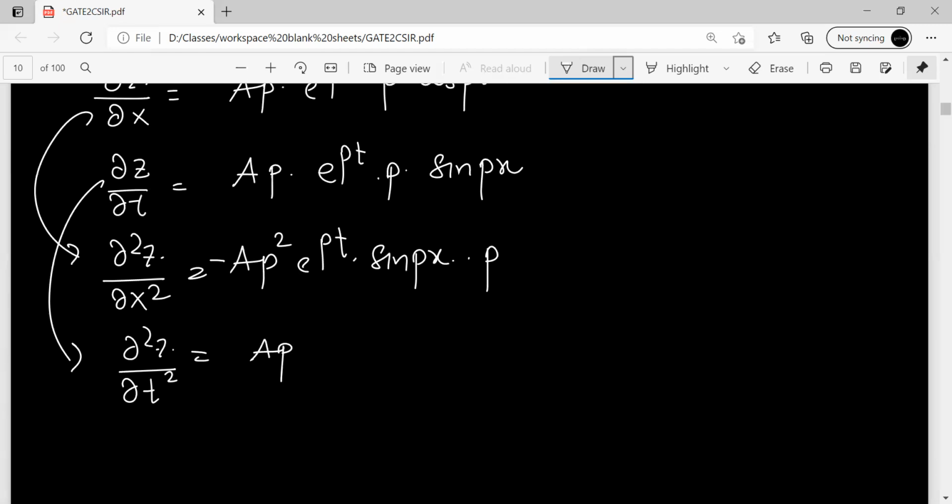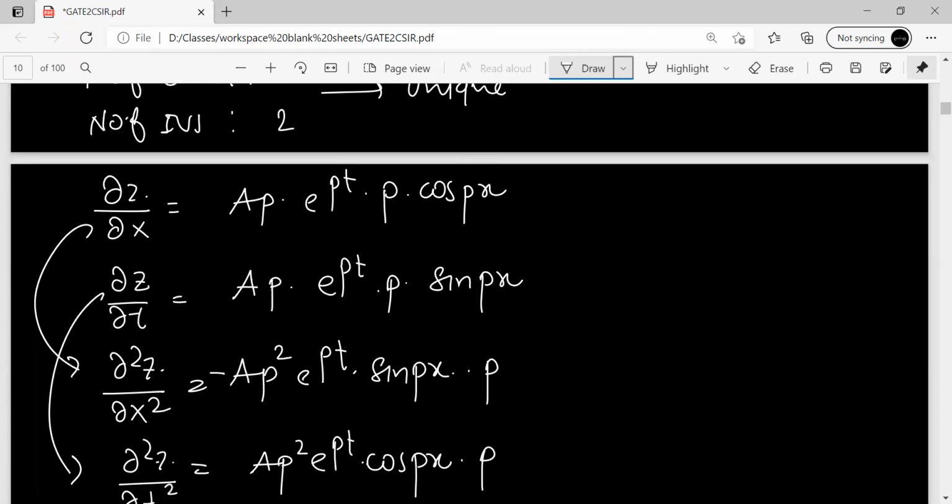So A and p, and then e power pt. A will remain here. Derivative of sine is again cos px into p. So I'm again stuck here.